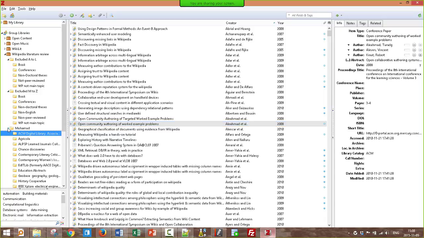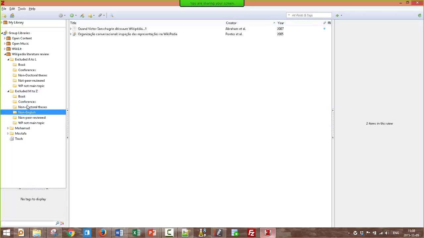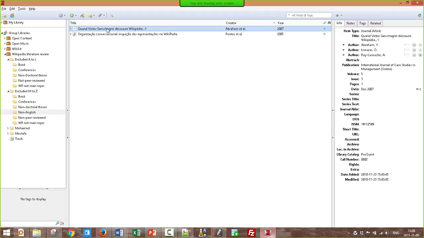And the advantage, instead of just deleting them, is that someone can then go over and double check and verify. So yeah, here's an example of non-English. There are some articles that were not written in English, and so the person could not read them.